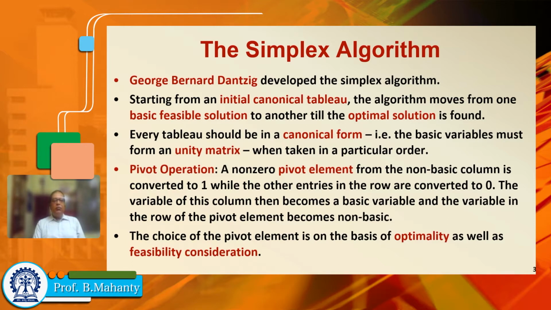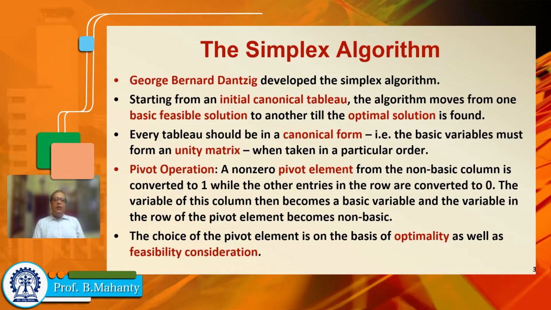inequalities which are transformed by adding suitable slack or surplus variables to a set of equations, and in those equations at least one variable, right? One variable should be there in every equation which is unique.